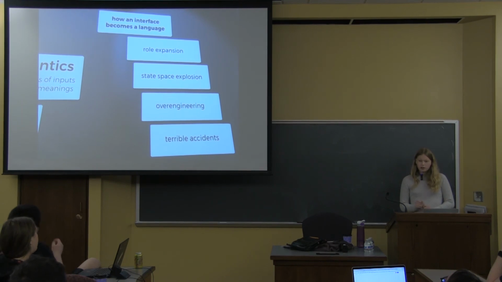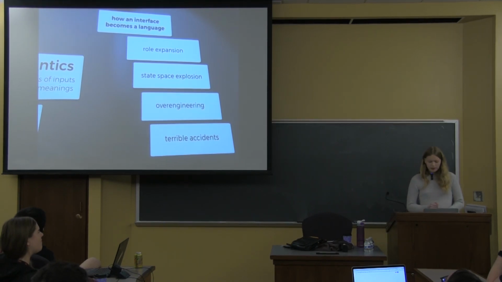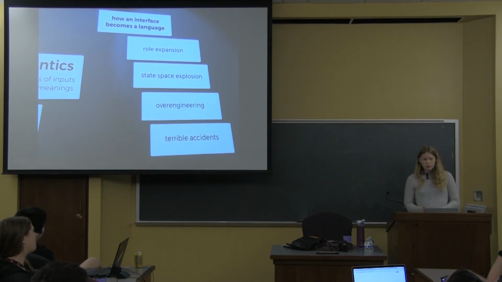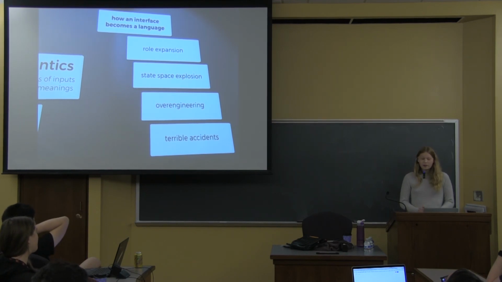However, an interface can also become more language-like without increasing its effects or its syntax if its internal state expands fairly wide. This is pretty common when an interface is over-engineered or designed for programmers or something similar. As well, many interfaces become language-like through terrible accidents.